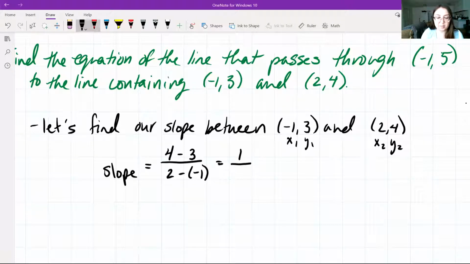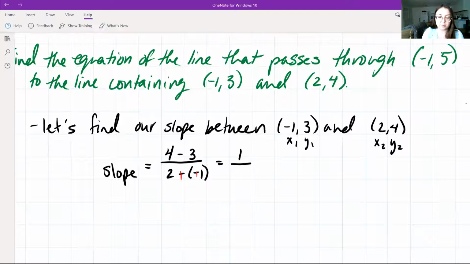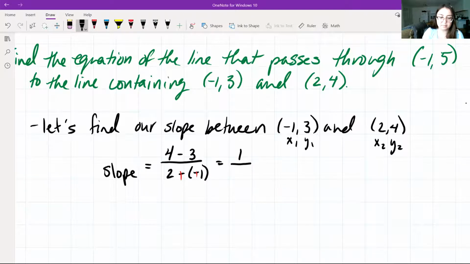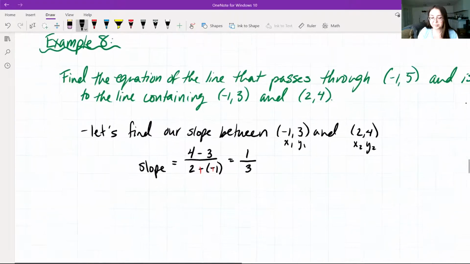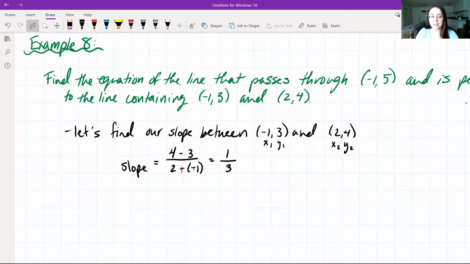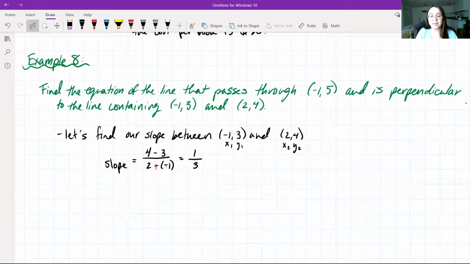That's like saying 2 plus 1. So we get 1 divided by 3. So we know that the slope of the line that contains -1, 3 and 2, 4 is 1/3.